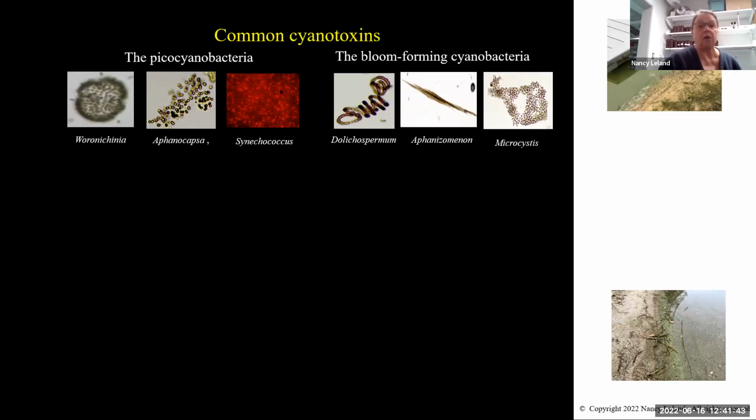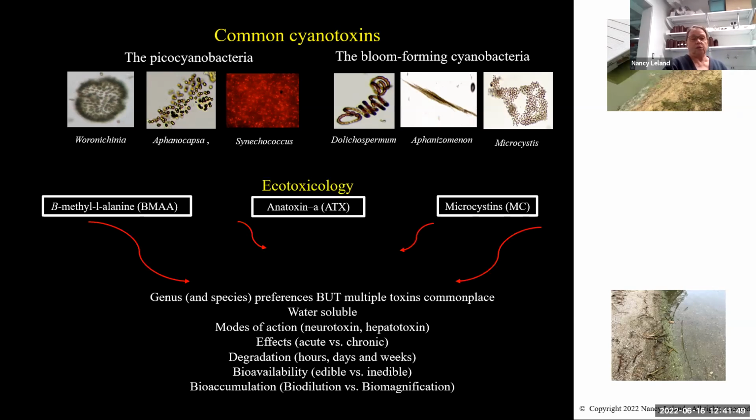And we also have some common cyanotoxins that they produce, and I'm going to go over those with you so you can be familiar with that. And that's the ecotoxicology part of what we do. So for the work we do here in the lab, we typically focus on 3 different cyanotoxins that are produced by these guys.